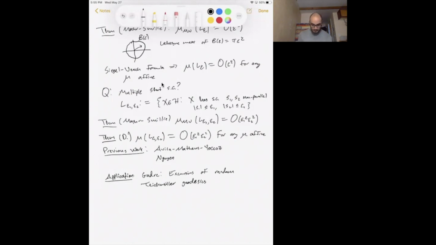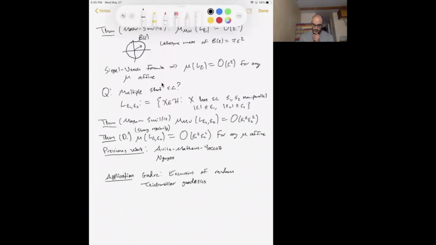His result was conditional, or some of his results are conditional, on this result that I proved, which we call strong regularity. He also calls it that, I think. So he proved results on excursions conditional on this, so now they're theorems.